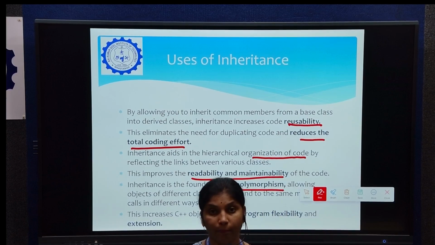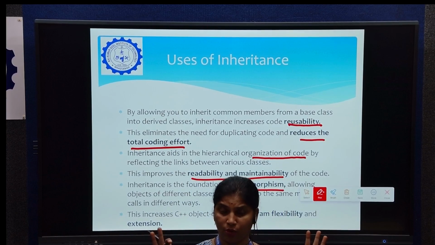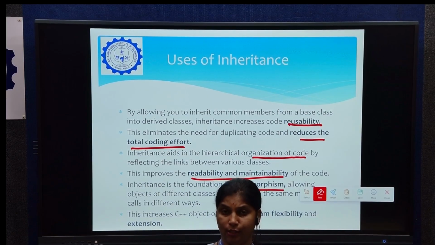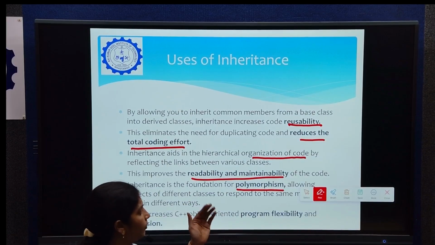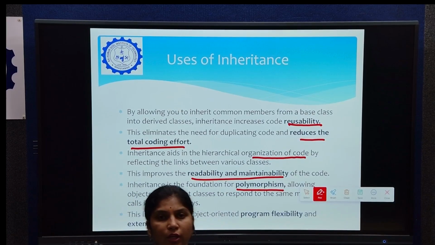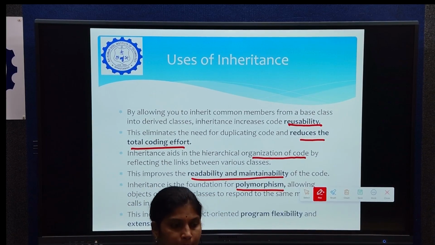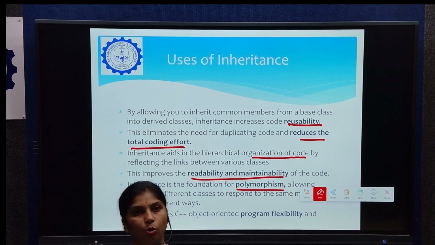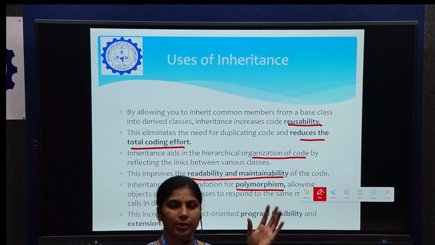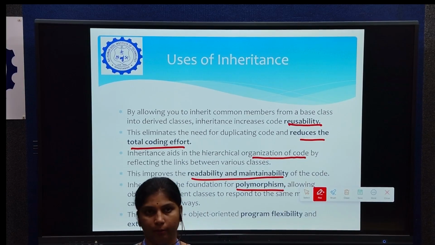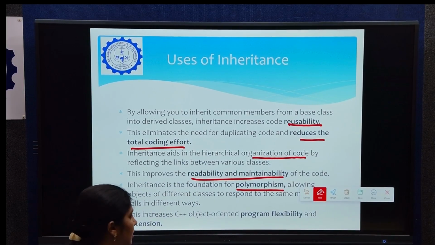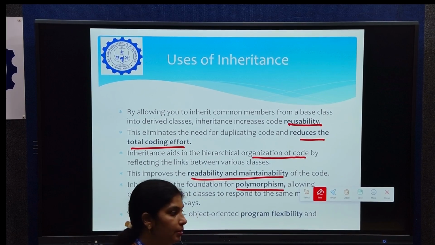It becomes simpler because the code is very well organized, and the organization of data is well managed. So we only need to make changes in some classes, and when we call a class, the data automatically comes along with the class. In this way we can say extension of the program becomes simple.